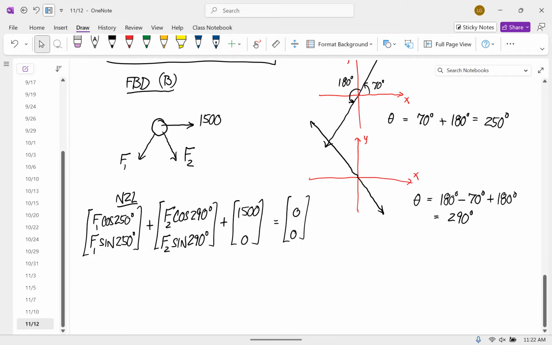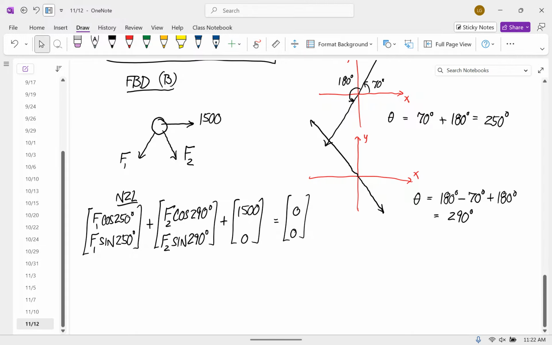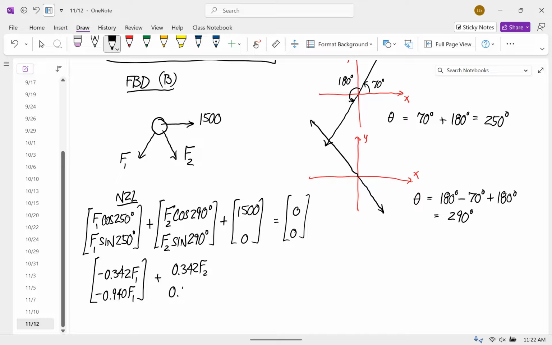So that is negative 0.342 F1, negative 0.940 F1, plus positive 0.342 F2, 0.940 F2, plus 1500, 0, equals zeros.